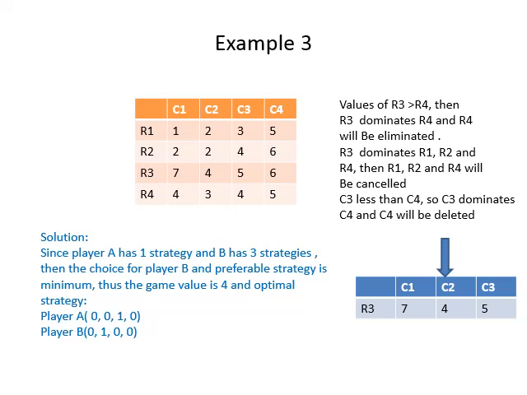If the values of one row are more than the values of another row, or if the values of R1 are more or equal to the values of R2, then R1 is said to be dominated, and respectively R2 will be eliminated.